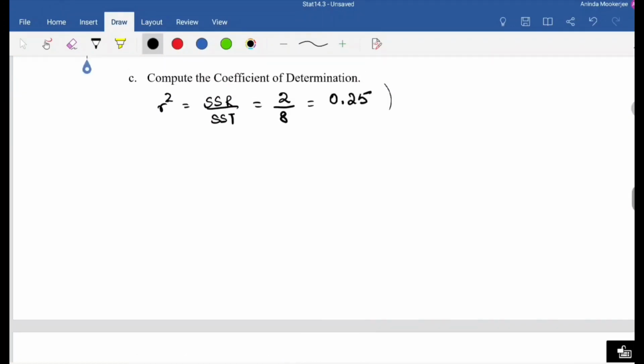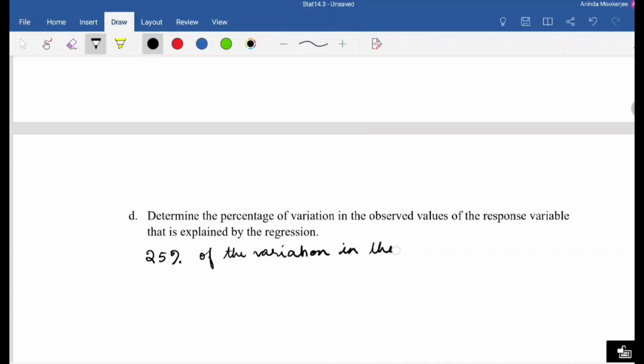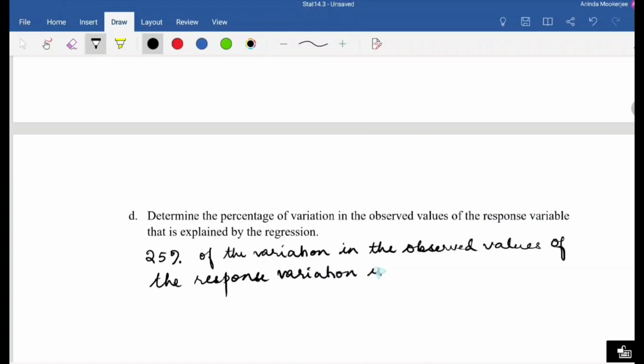All you have to do is convert your 0.25 to a percentage by multiplying by 100 and say 25% of the variation in the observed values of the response variable is explained by the regression equation. All right.